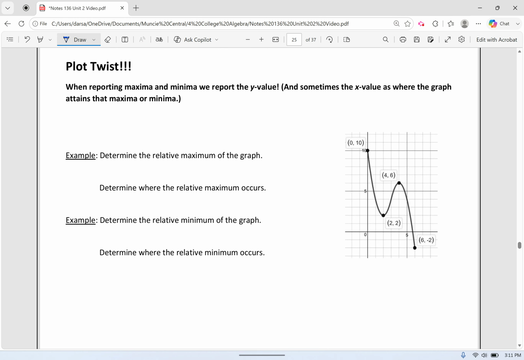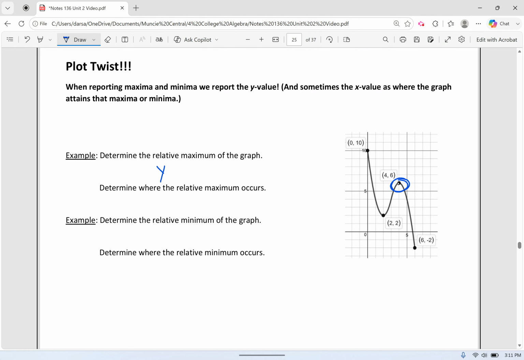All right, so let's look at this example right here and see if we can find the relative maxima and the relative minima. So where can we find the relative max? We can see that this point right here, this (4, 6), is a relative max. It's a spot that's bigger than the stuff right around it. So what is the relative maximum?